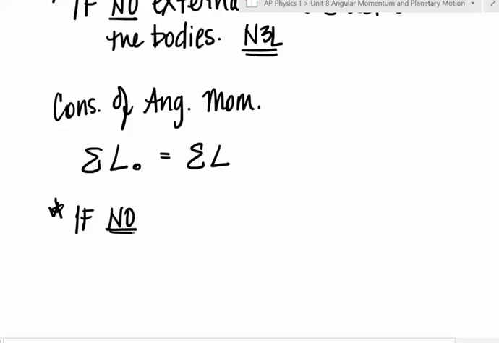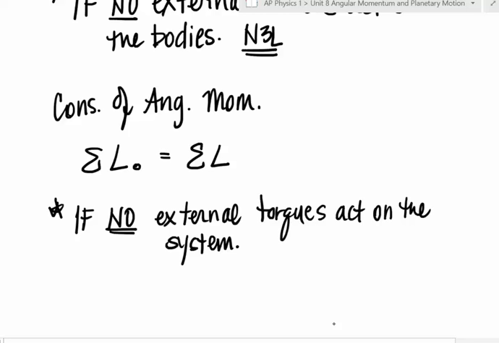If no external, not forces, but torques act on the system, then our angular momentum would also be conserved. So when I see you again, we will collide things that are spinning. Like, oh my goodness.